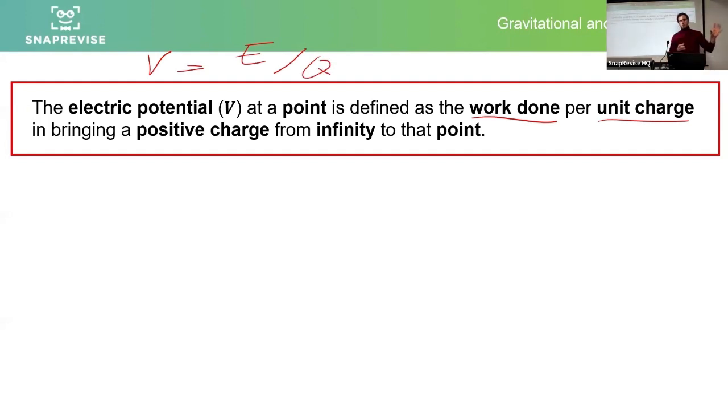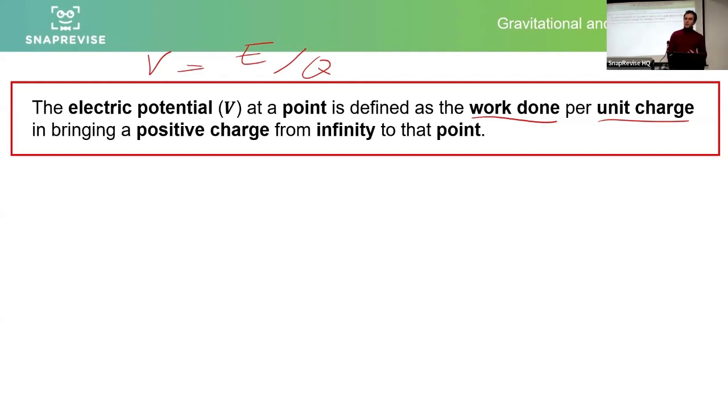I know we've approached both these definitions of potential difference from two different angles, but in your mind, unite them. Recognize that they're two sides of the same coin. In bringing a positive charge from infinity to that point. Yes. Okay, so potential difference in a circuit is the difference when you're going around the circuit.